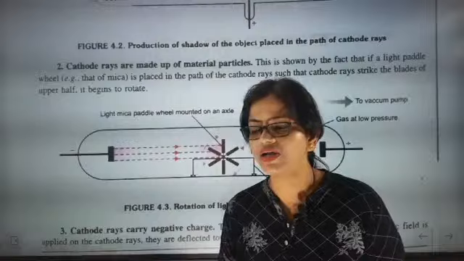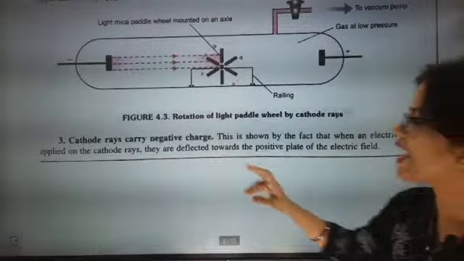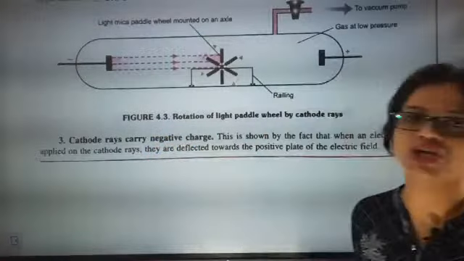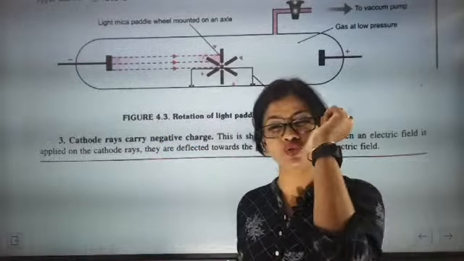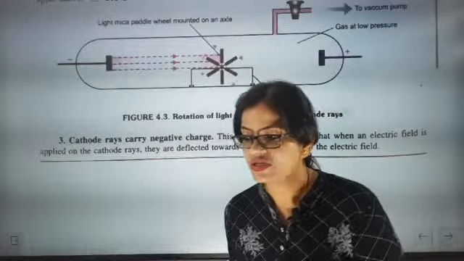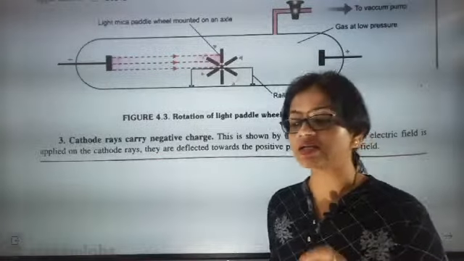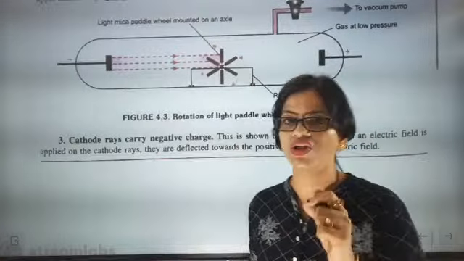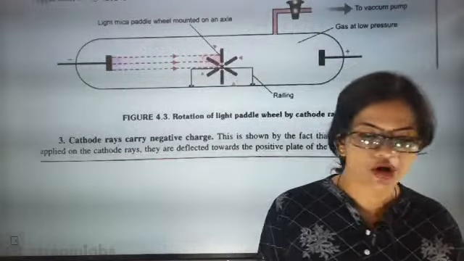Now we go to the next point, that cathode rays carry negative charge. This is a super important point. They contain material particles, and they are negatively charged.